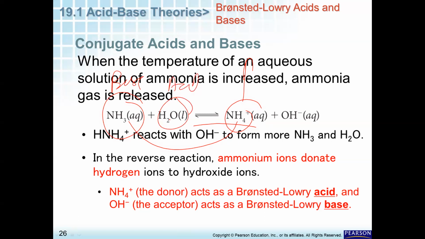What about the backward reaction? Now ammonium is the one accepting the hydrogen. So this is a base, and this is acting as an acid.